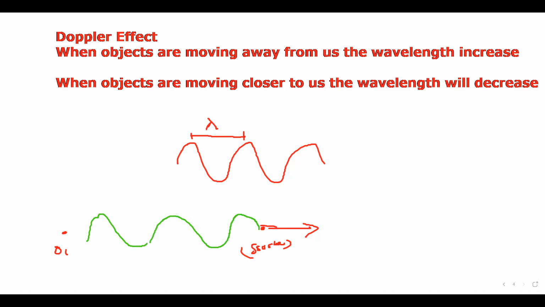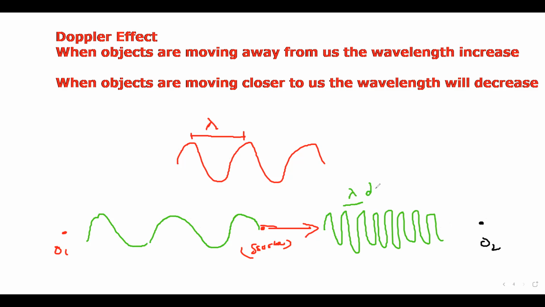And the opposite will happen if there is another observer, observer 2, observing the source. When the source is moving towards this observer, the wave which is received by observer 2 will be shorter. So the wavelength will decrease for observer 2 and increase for observer 1.